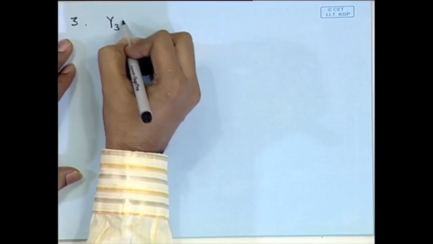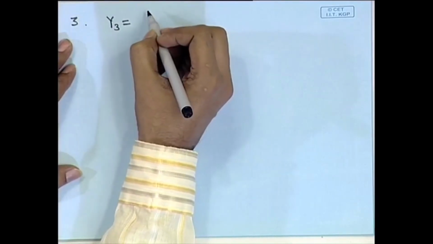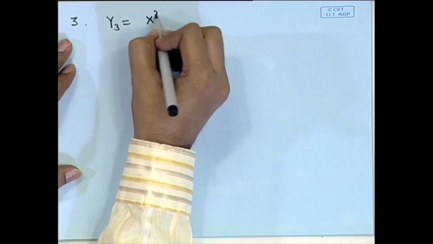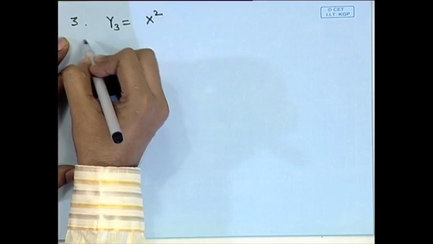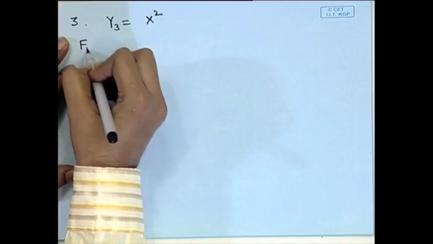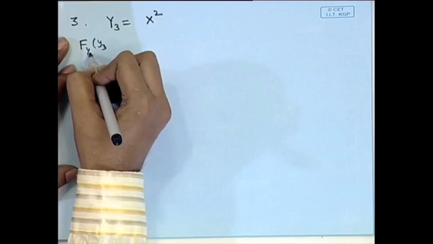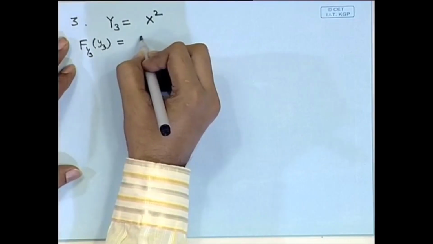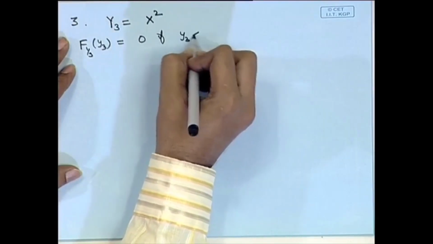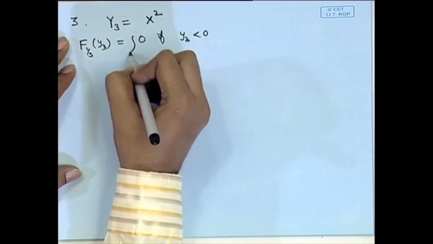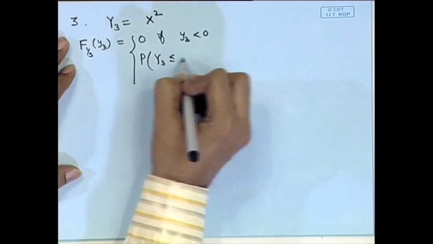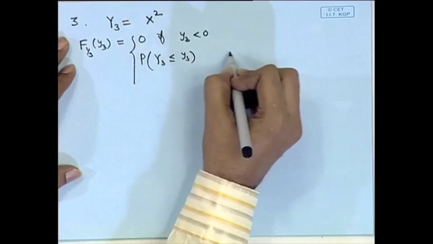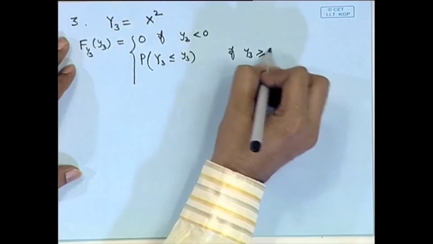Let us take, say, y3 equal to x square. Once again, if I consider F of y3, then this is 0 if y3 is less than 0, and it is equal to probability of y3 less than or equal to small y3 if y3 is greater than or equal to 0.